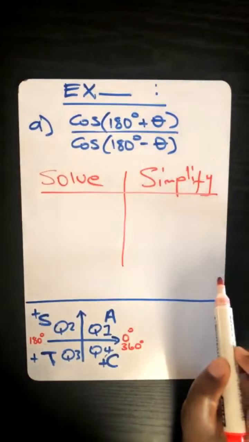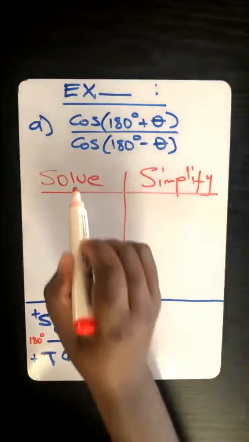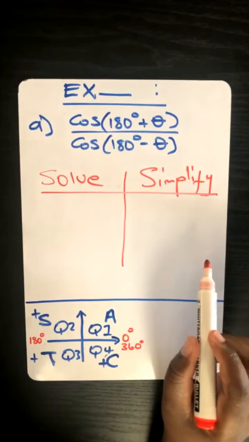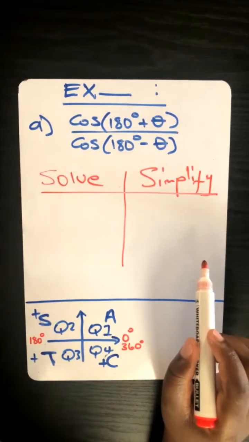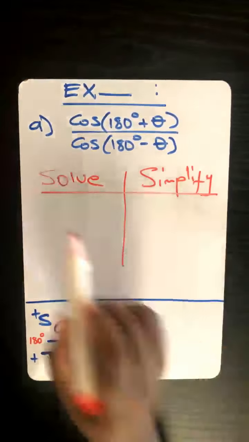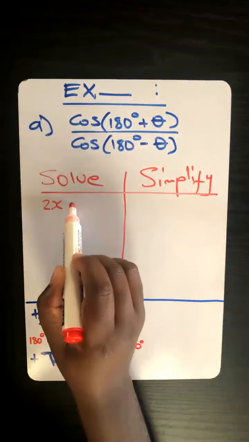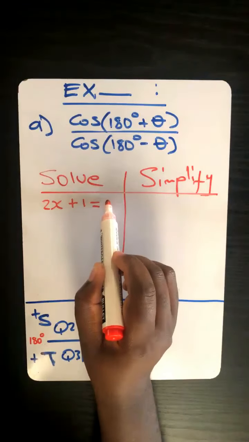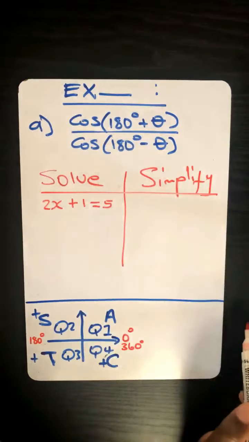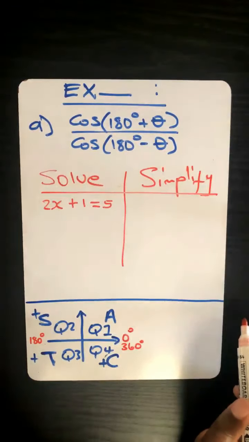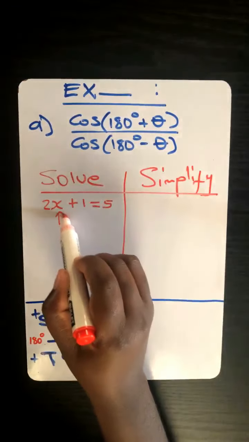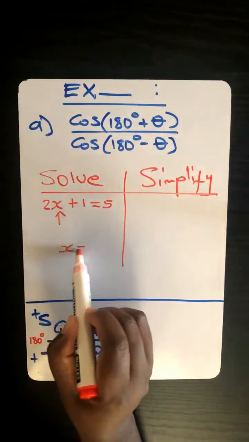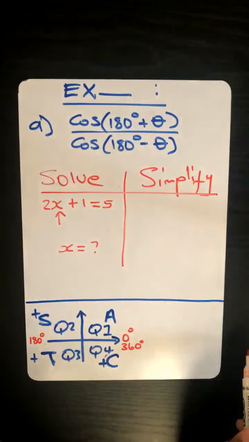So in my previous lessons, I explained that when you solve for the unknown, an unknown which could be represented by any letter from A up to Z, for example, if you have 2x plus 1 is equal to, let's say, 5, in this case, you can only solve. What are you solving? You solve for x, which means in the end, you must say x is equal to whatever number that you get.